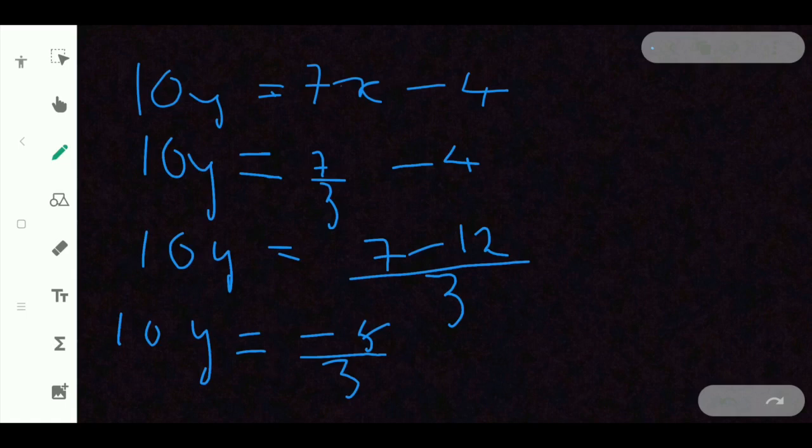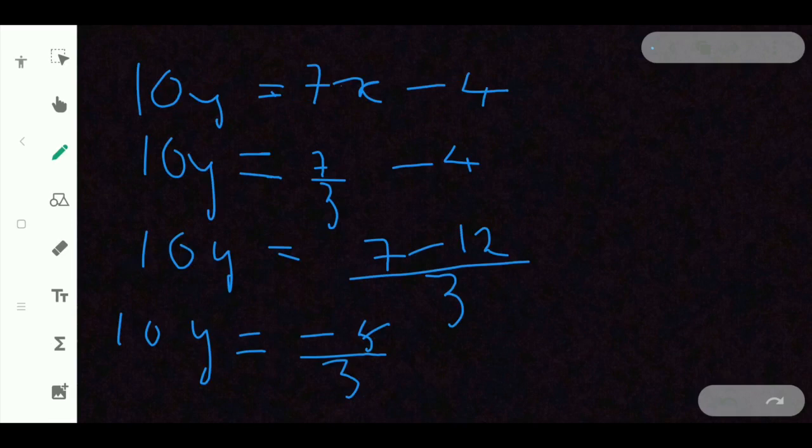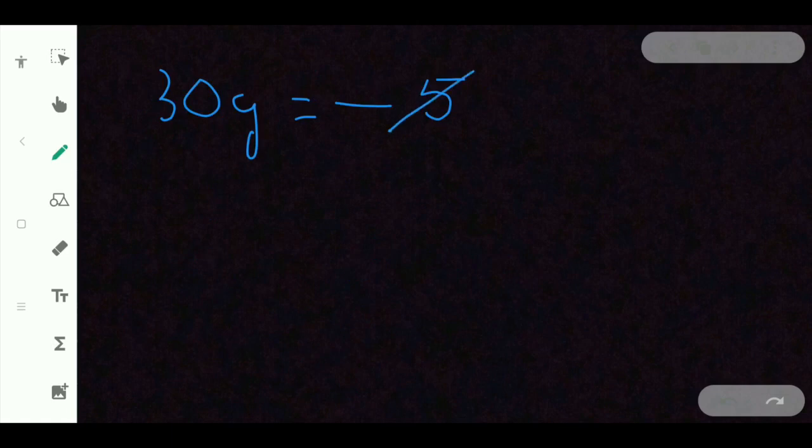So 30y is equal to minus 5. I just transposed the 3 onto LHS, so it became 30y, which is equal to minus 5, and 5 ones are 5, 5 sixes are 30. So our y is going to be minus 1 by 6.